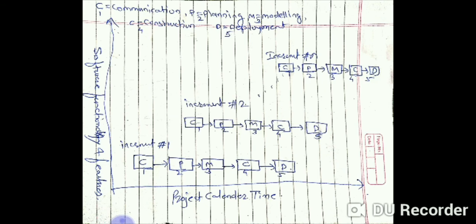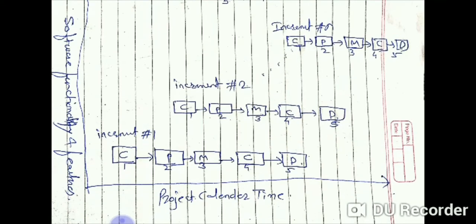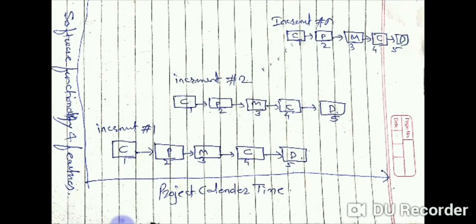As we start with initial data and complete the final data, during the development it uses different stages. As you can see in the diagram, there are different increments, from the initial increment up to n increments. During this development, it follows five different stages.